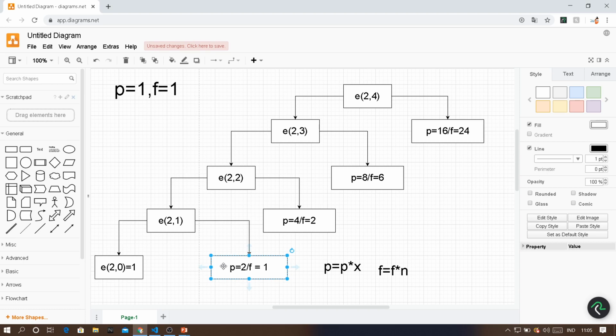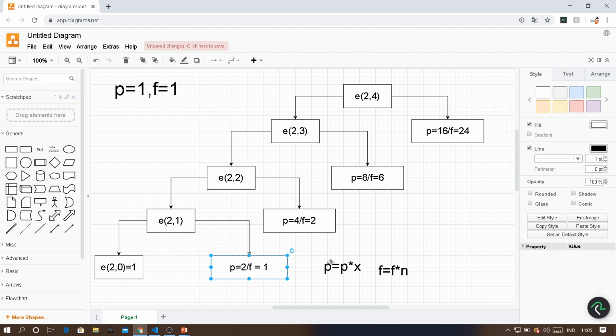In order to reduce the extra multiplication, what we did is we took two static variables called p and f, and we started both from 1. We did p equal to p multiplied by x to get 2, 4, 8, 16, and we did f equal to f multiplied by n to get 1, 2, 6, 24, which are factorial of 1, factorial of 2, factorial of 3, factorial of 4. By doing this, how many multiplications are taking place here?